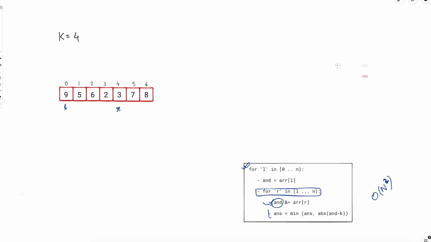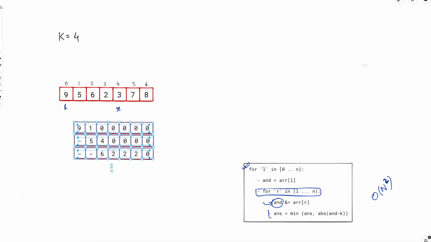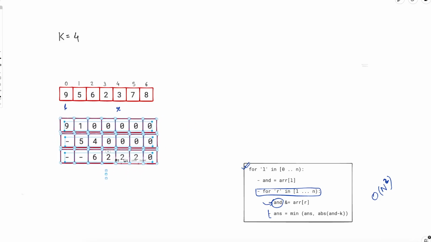This means that let's try to enumerate an AND value for every possible L. So for L equals 0, this is your AND value, which basically means for this L to this R, if you do bitwise AND of everything, you will get 9.